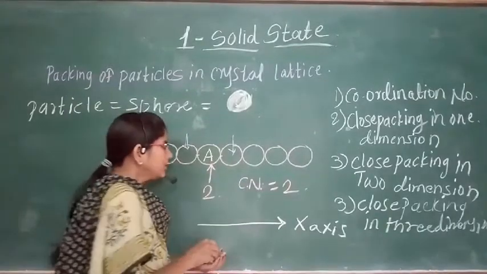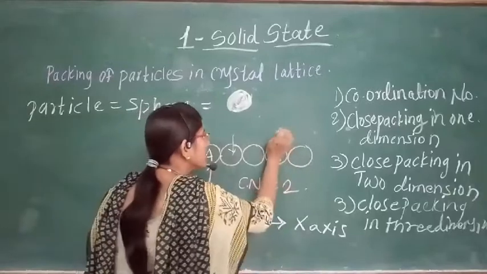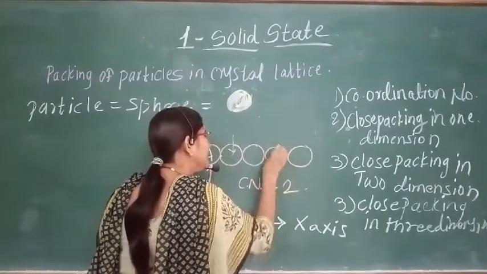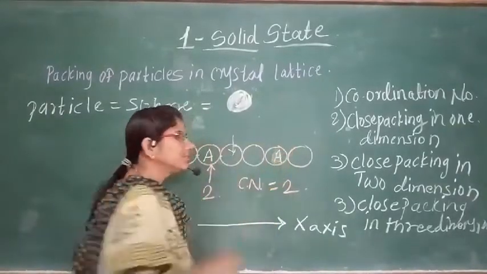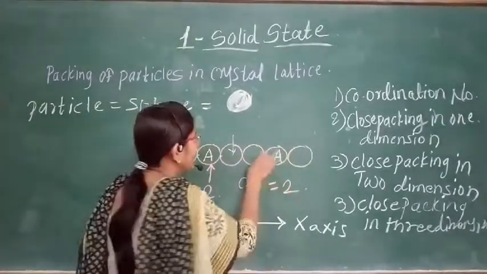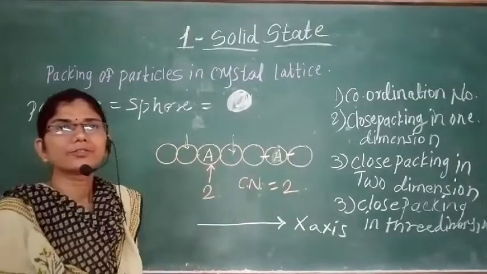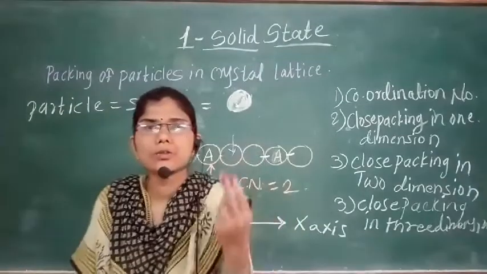If we have this sphere B, and this is also sphere A, then what is the coordination number of this sphere? It is attached to two spheres. Therefore, the coordination number of this sphere is also 2.